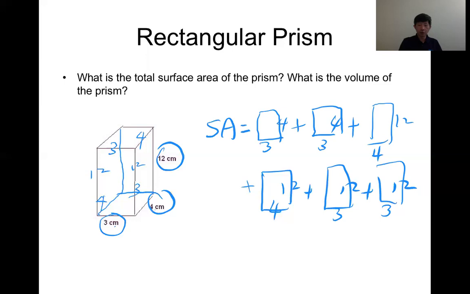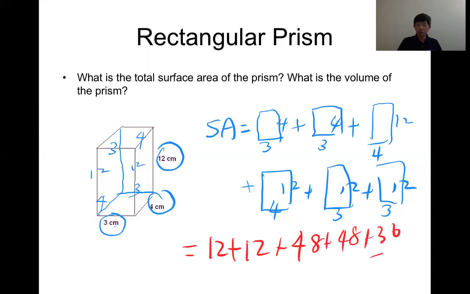This is 12 plus 12 plus 48 plus 48 plus 36 plus 36. So therefore, adding up the total of the area, we find the surface area, which is 192 centimeter square, right? Okay, so that is how we find the surface area.